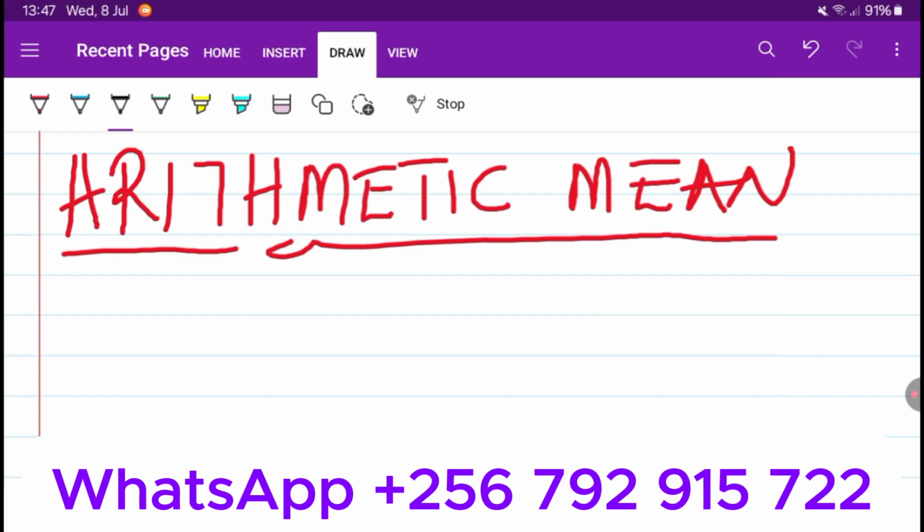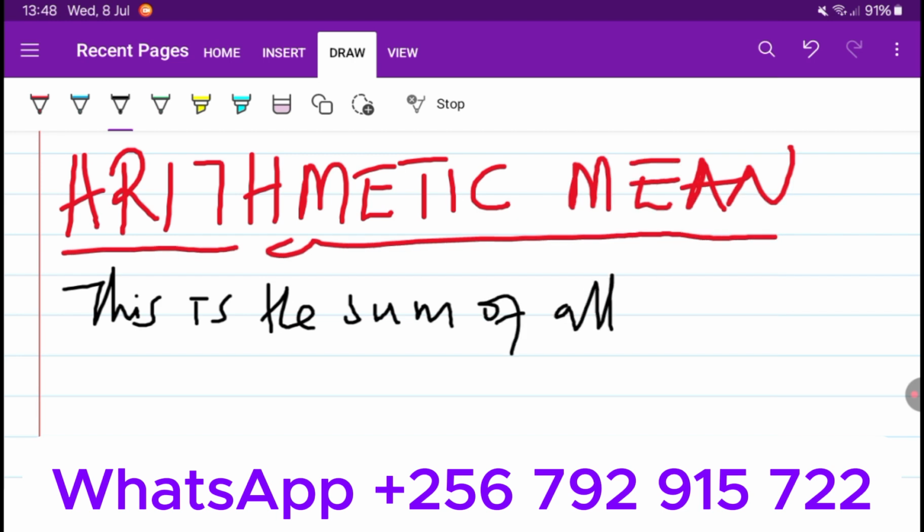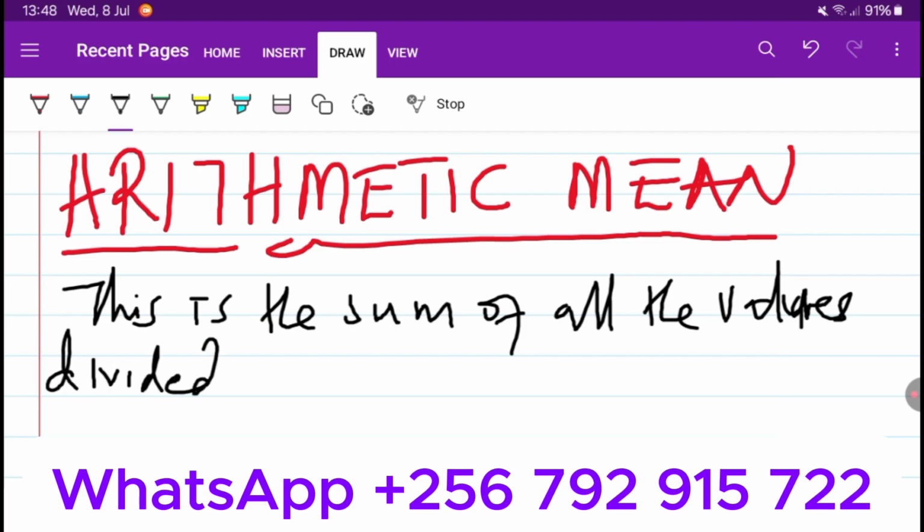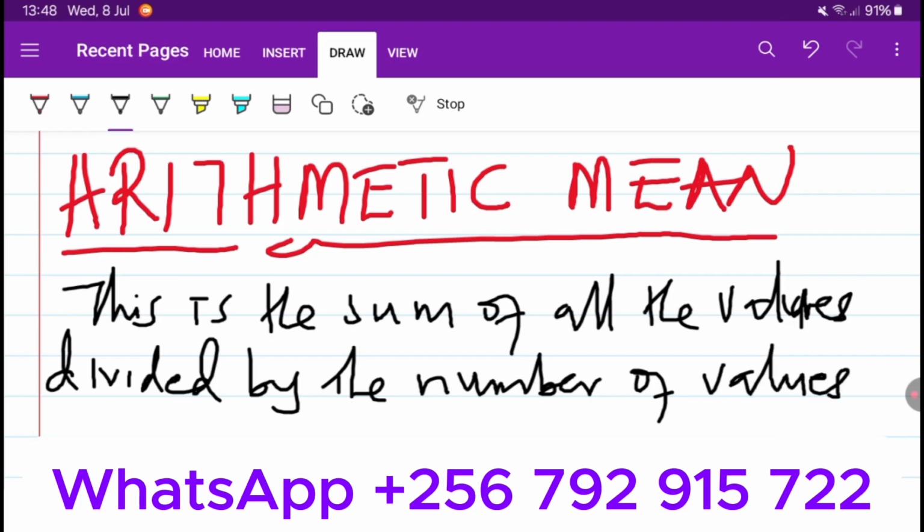Of course, the arithmetic mean or mean of a distribution of data, this is the sum of all the values, divided by the number of values in that distribution.